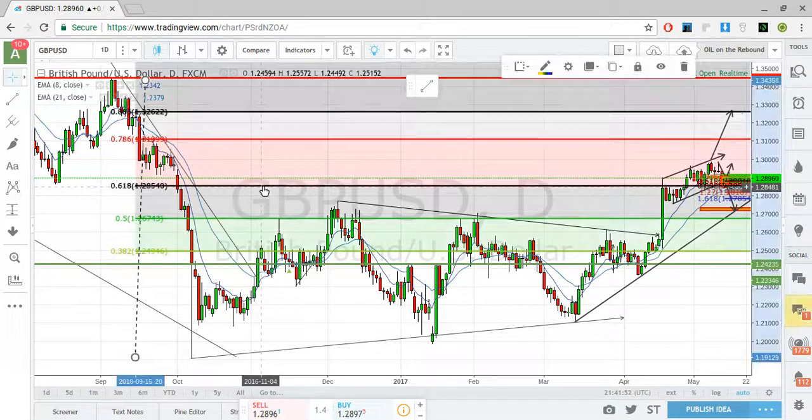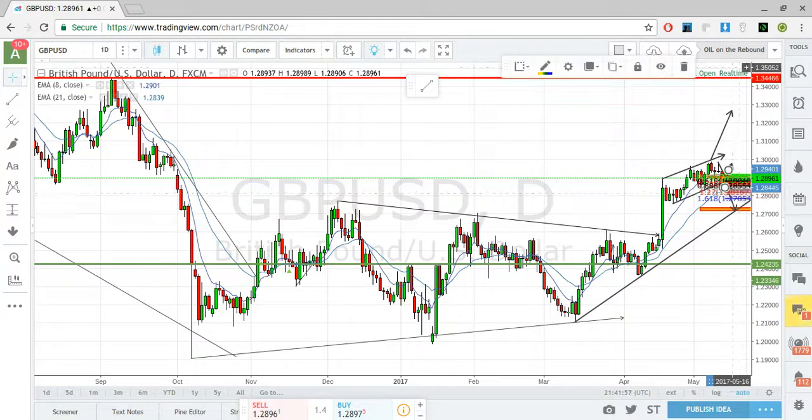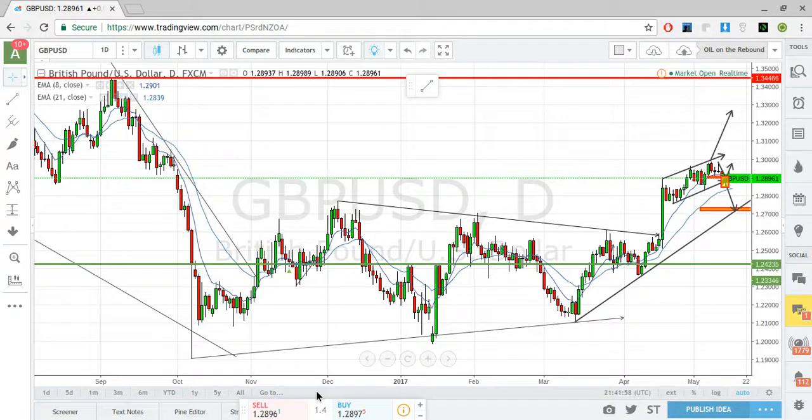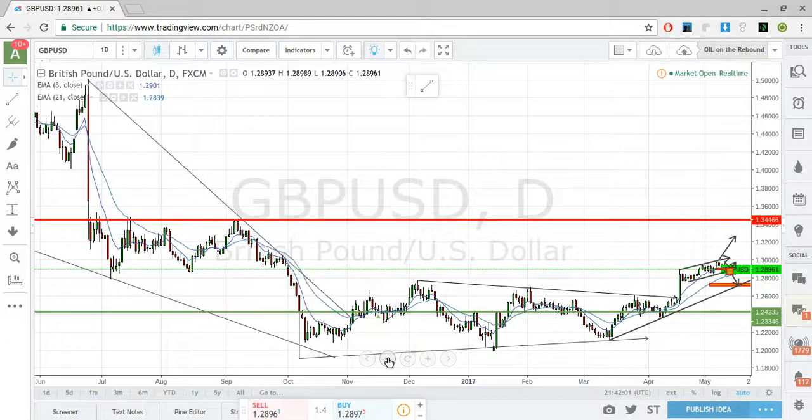All right, so this is the daily chart of the British pound US dollar, and you can see here that we were in a downtrend for 2016, and then we eventually bottomed down here late 2016, and then we were going back and forth in this little triangle slash wedge.